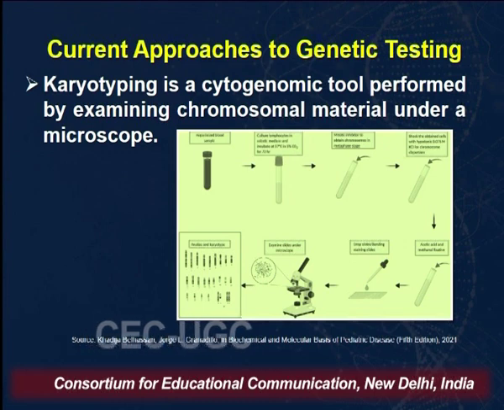Now, these cells are then plated and the images are taken, which are then dispersed to form the karyotype, or the images of the chromosomes, which are then compared with the standard chromosome images. During the staining process, each chromosome gives a definite pattern.